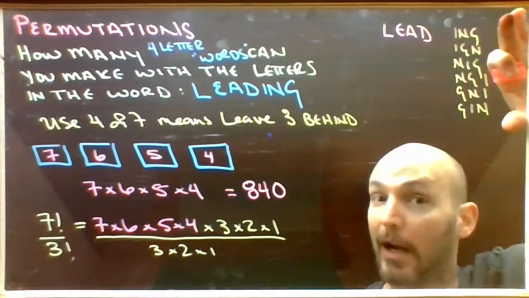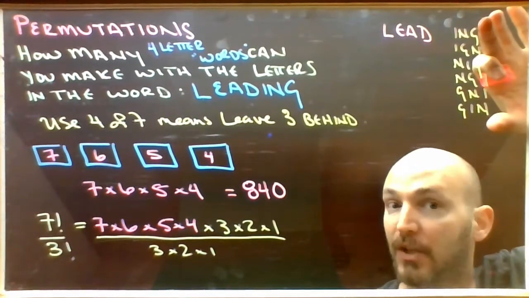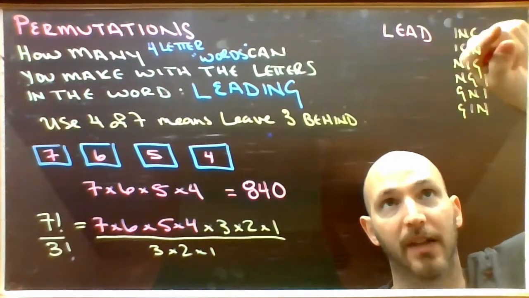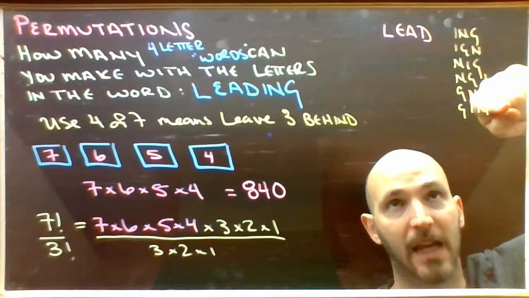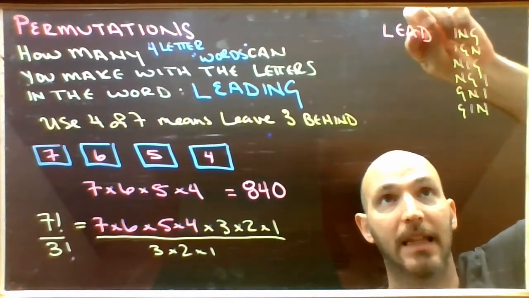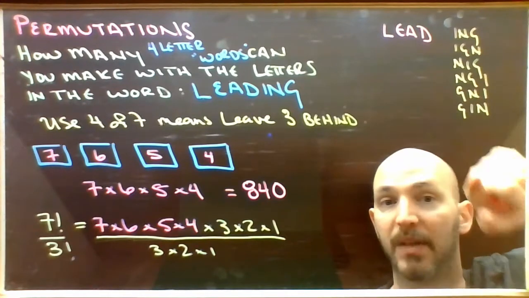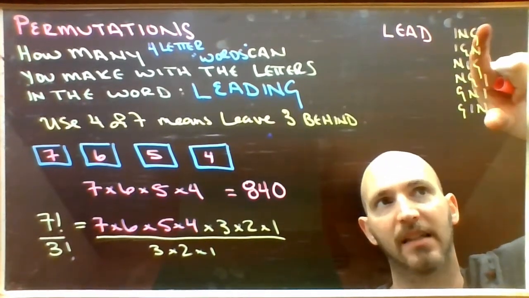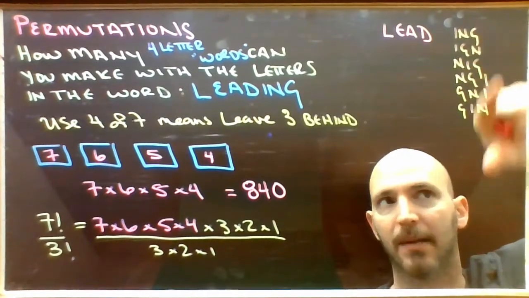Well, I don't care because I'm not actually using these letters. But those are all of the shufflings of these 7 letters that start with L-E-A-D. So that would be 7 factorial arrangements, and I have to divide out these 6 because I'm not using them.